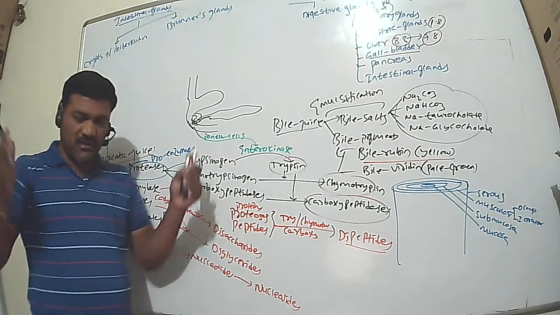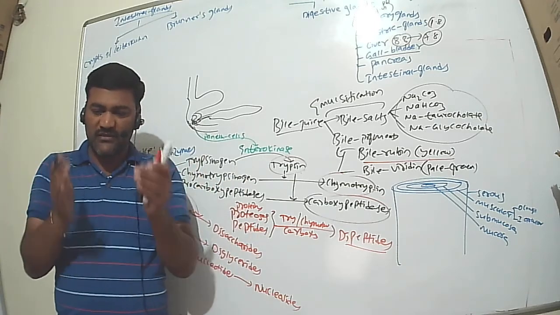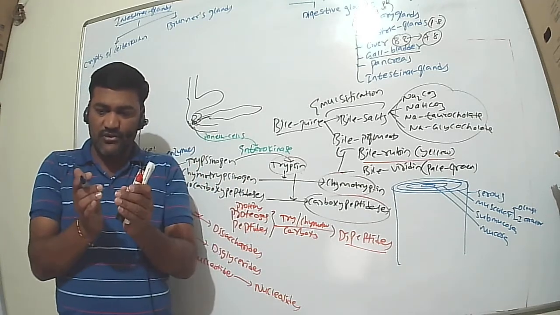So just remember, outside you have the serous layer, then the muscular layer, then the submucosa and the innermost mucosa.